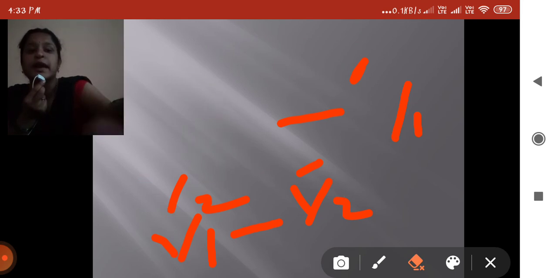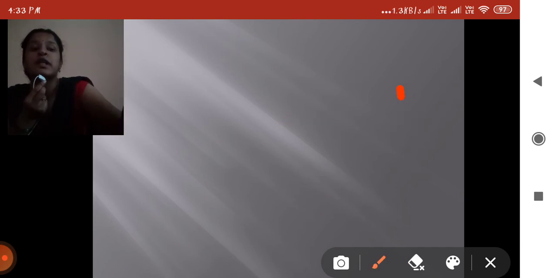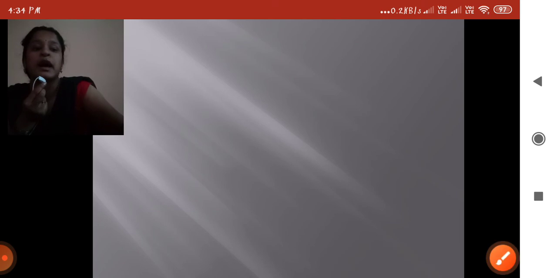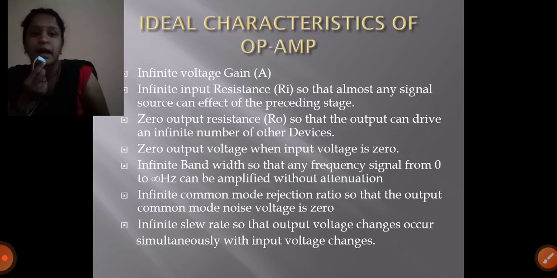Practically it is 2,50,000 as we have calculated, but the people who invented the operational amplifier tell us it is an infinite voltage gain. Why?